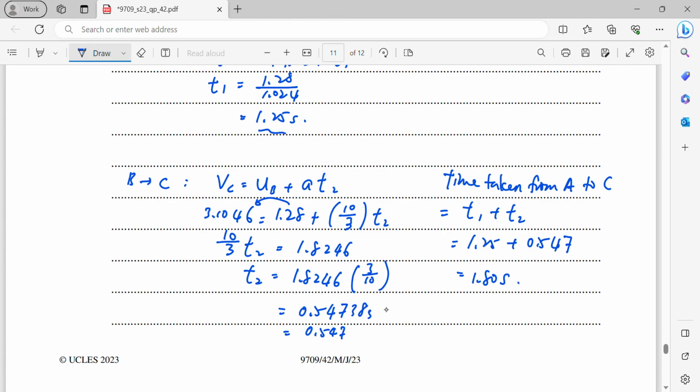When you round up together, I can just round up to 2 decimal places, because 1.25 is already 3 significant figures. So here I will just write 0.55. Okay, so that is the time taken from A to C.